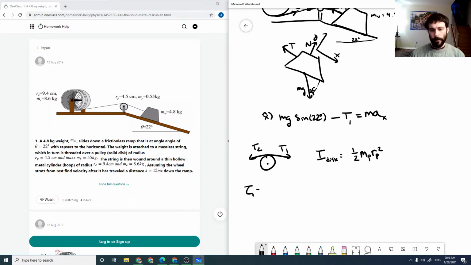So our torque 1 is going to be T1 R pulley. Now the direction is going to be by the right hand rule, and since we've got our x axis going this way and our y axis going this way, this will be, and I want to make sure I don't mess this up, a negative torque.